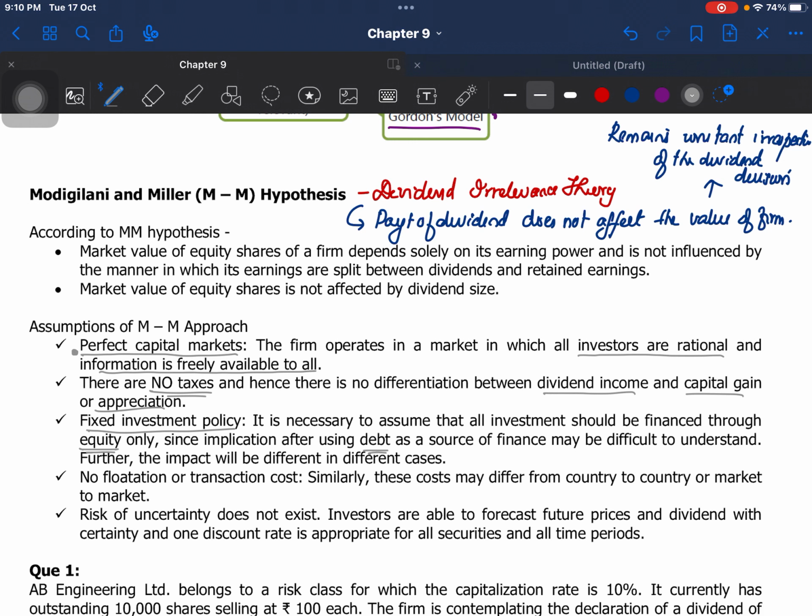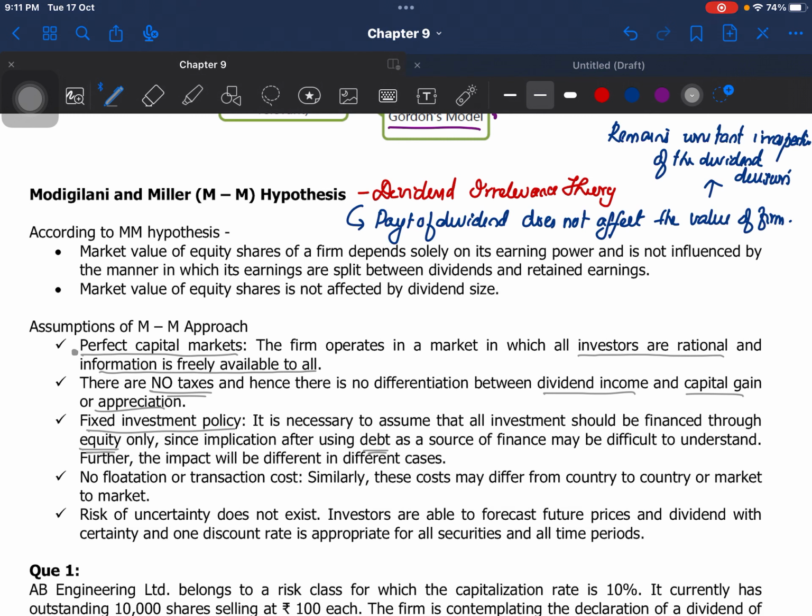Whatever money is required for financing a project or a capital budgeting decision will be raised only in the form of equity. That equity could be fresh equity raised or retained earnings. Whatever the method, it is equity capital only. No debt component is utilized.